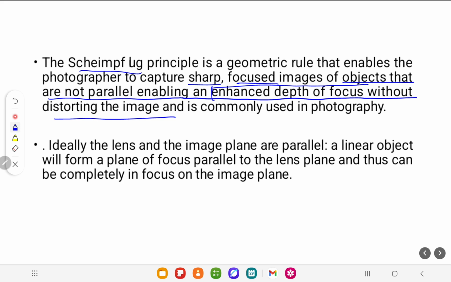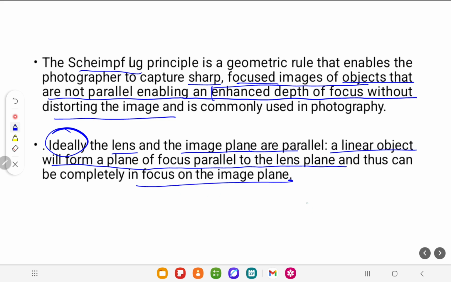Can you just imagine that the cornea is parallel or it's dome shaped? If it is dome shaped, then it's definitely not parallel with the filming camera, camera lens and the film. So that will create a problem, isn't it? Ideally, the lens plane and image plane are parallel, and the linear object will form the plane focus on the parallel lens plane, and thus can be completely focused within the image.